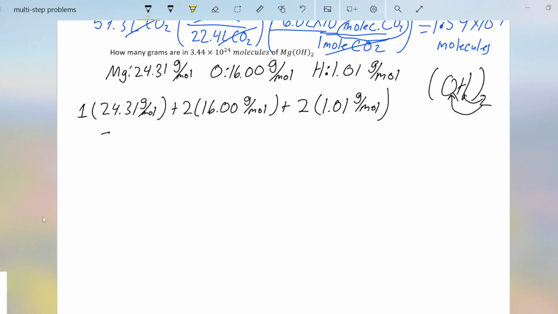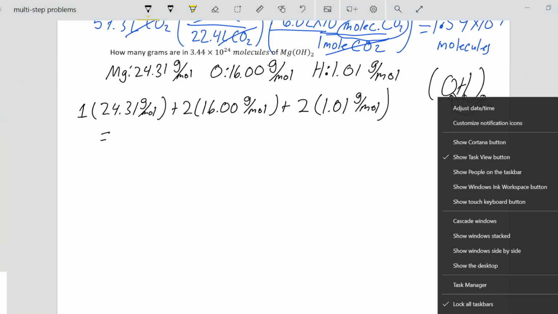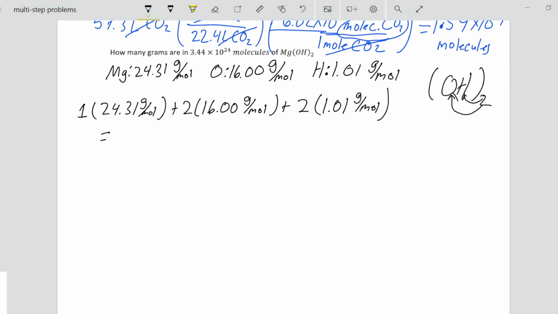And I plug this into my calculator. Well, I get 58.32 grams per mole. This is for our magnesium hydroxide, MgOH2.